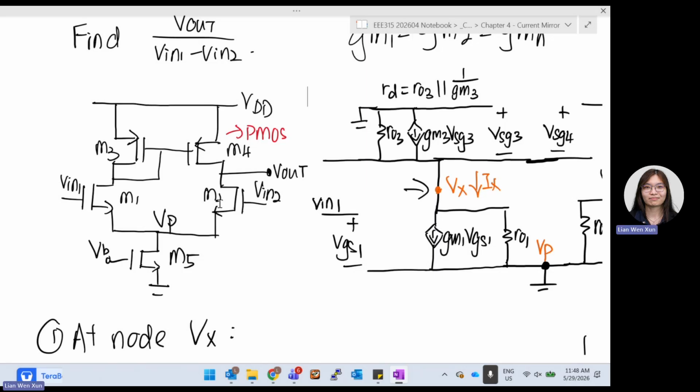So the current that flows here is your Gm4 Vsg4 plus 0 minus V out. So we just say it's negative V out over R naught. So that's your Ix.